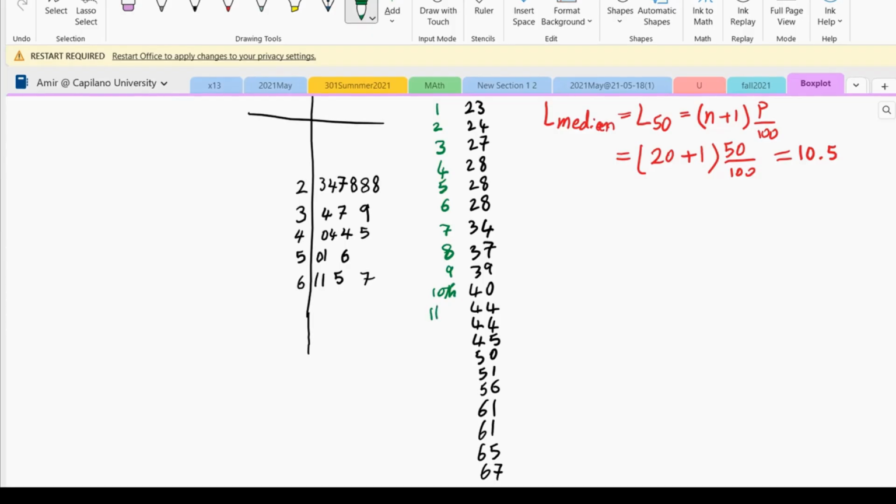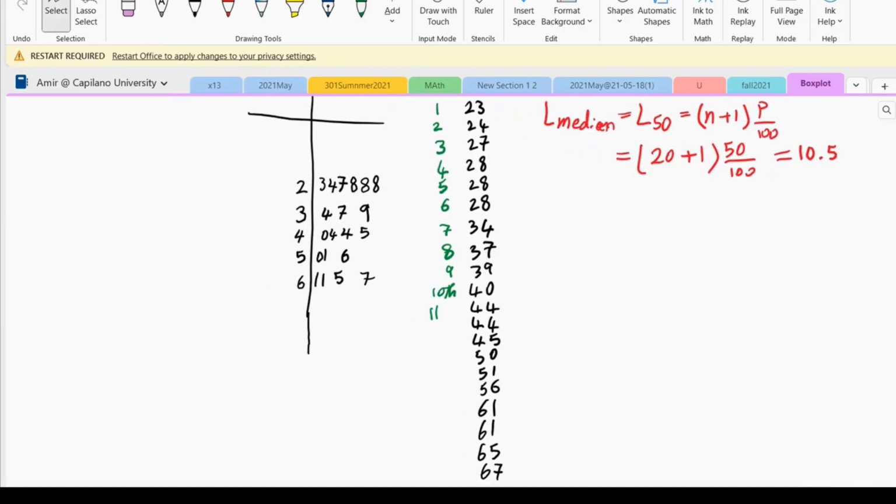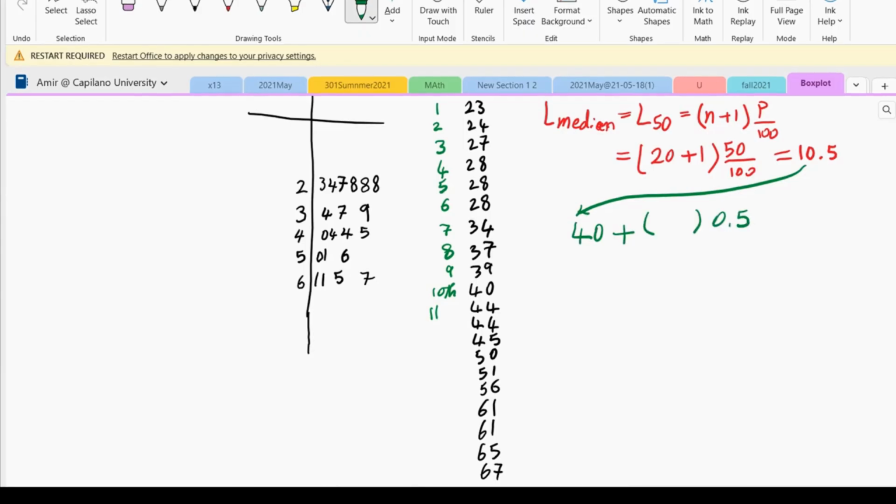Okay? So just follow me on how we use this location. The location is the 10th. The 10th observation is 40. Now I have to go half of the distance between the 10th and 11th because it's 10.5.